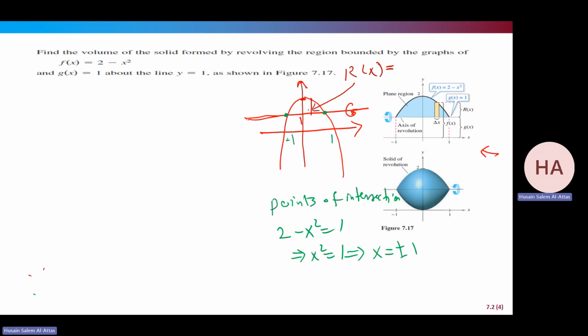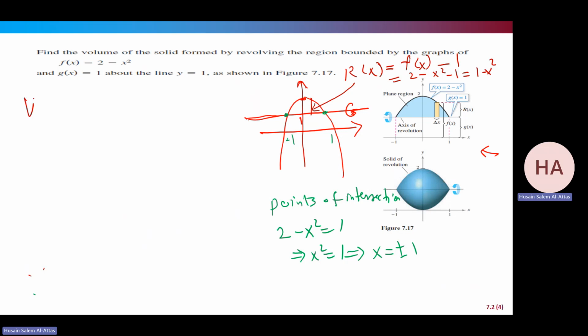So this side will be f of x minus 1, which is 2 minus x squared minus 1, which is 1 minus x squared.